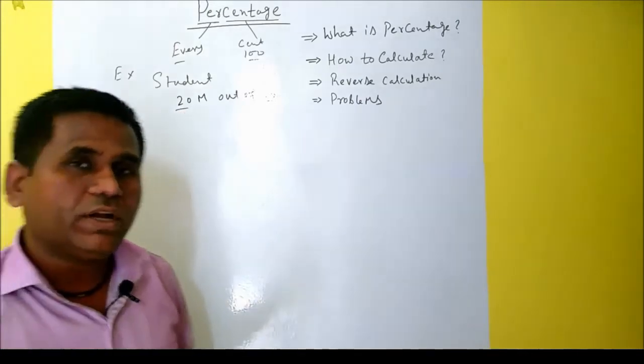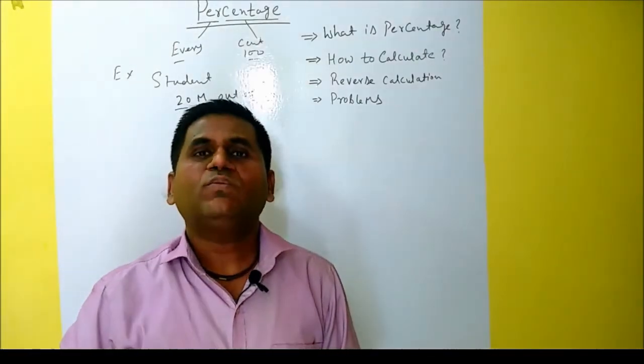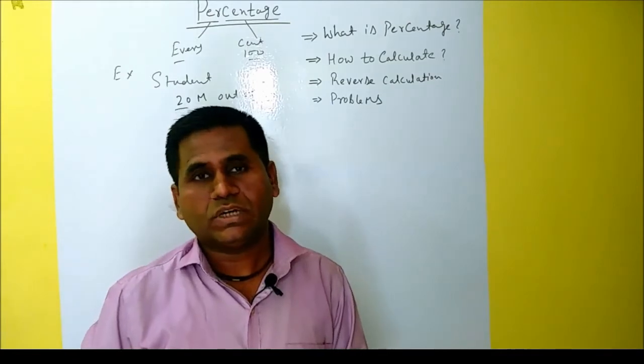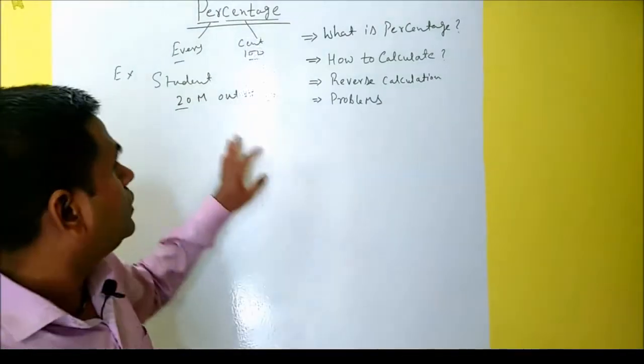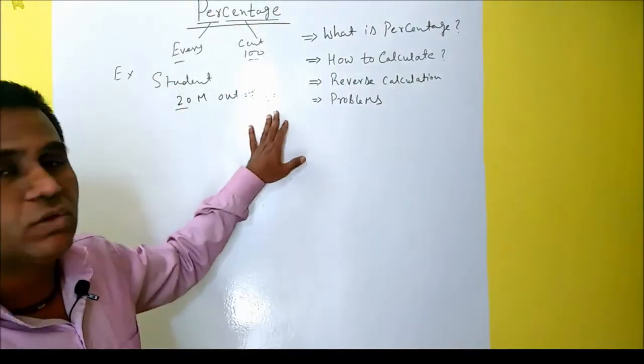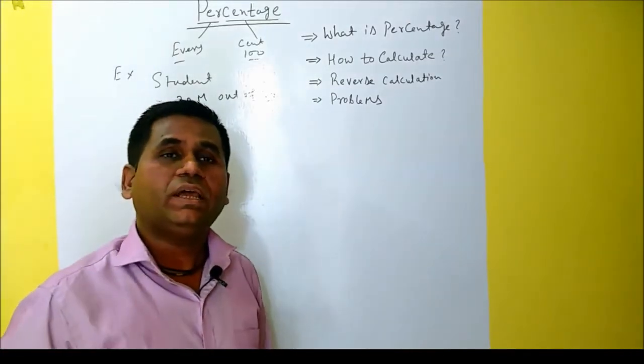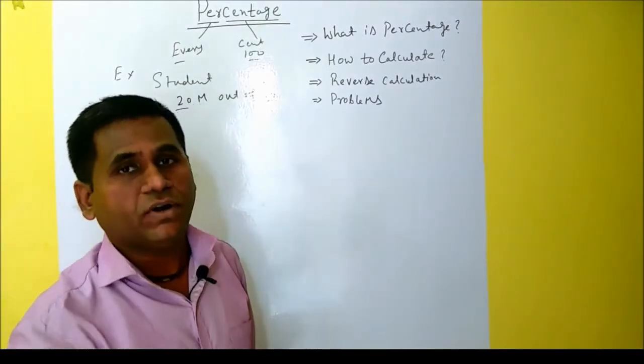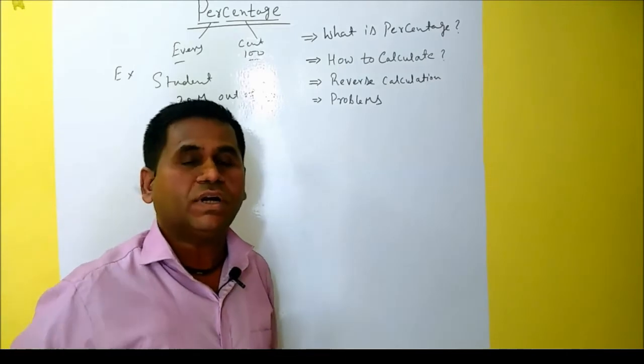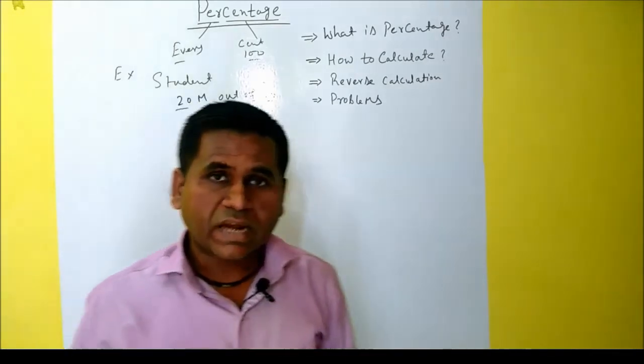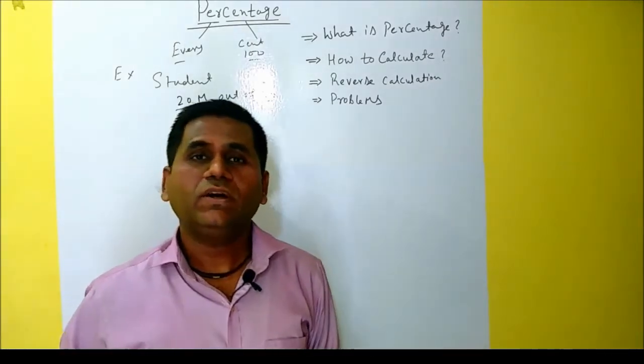How do we calculate the percentage for this, and what is the meaning of calculating percentage? The meaning is, if the student scores 20 out of 30, how much has he scored out of 100. When we find out of 100 how much he has scored, that means we are calculating a percentage.